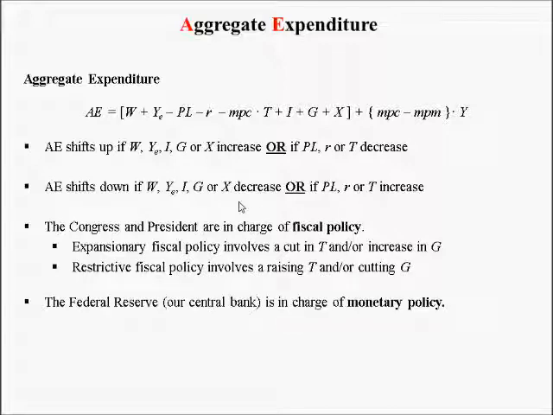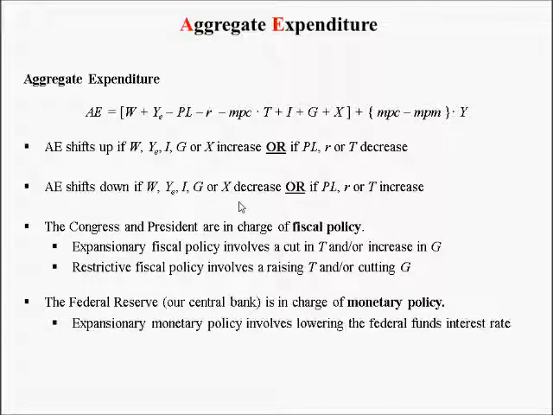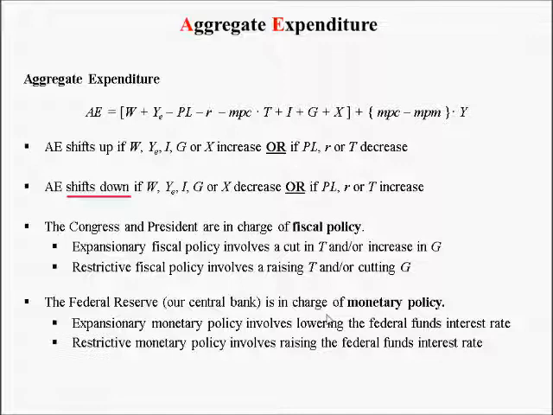The Federal Reserve, our central bank, is in charge of monetary policy. Expansionary monetary policy involves lowering the federal funds rate, which the Fed hopes lowers the real rate of interest and increases investment. Restrictive monetary policy involves raising the federal funds rate, which the Fed hopes raises the real rate of interest, which would lower investment.